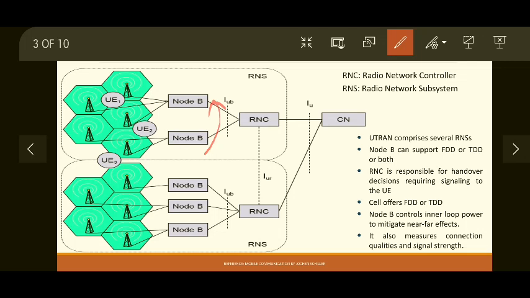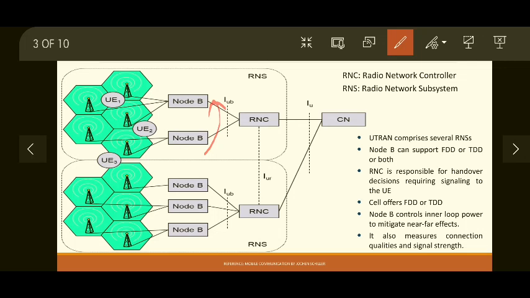Then the UTRA network also measures connection quality and signal strength. Now another important aspect of UMTS is that since this is a CDMA multiple access technique, all users will be transmitting at the same frequency and with the same power.